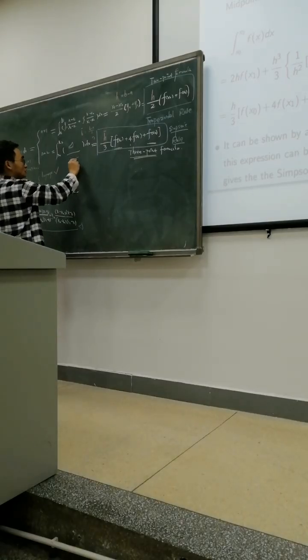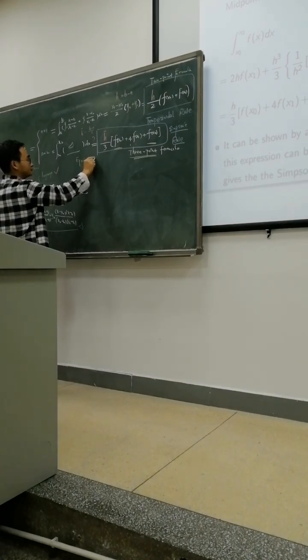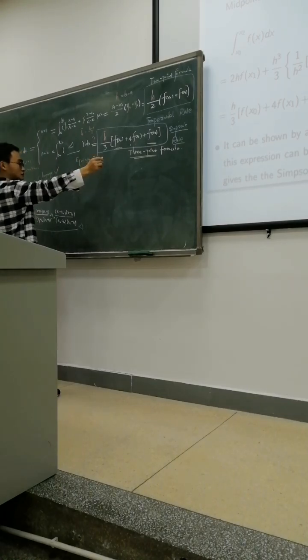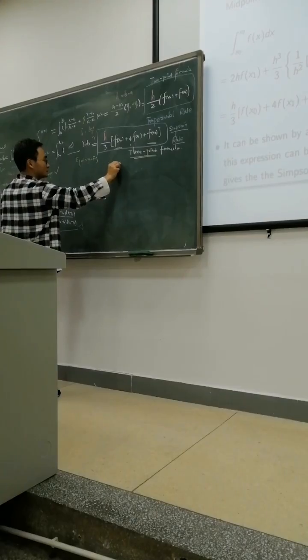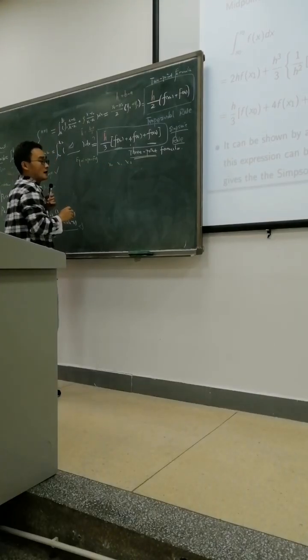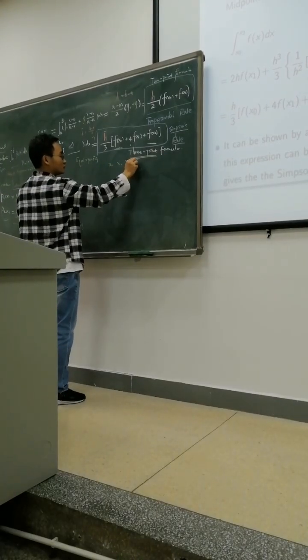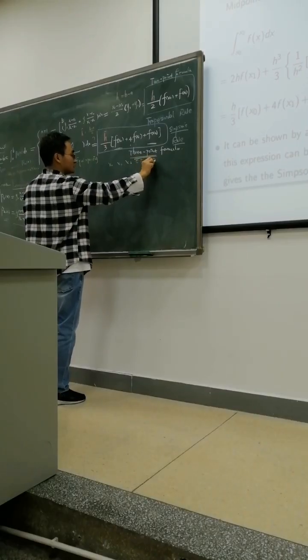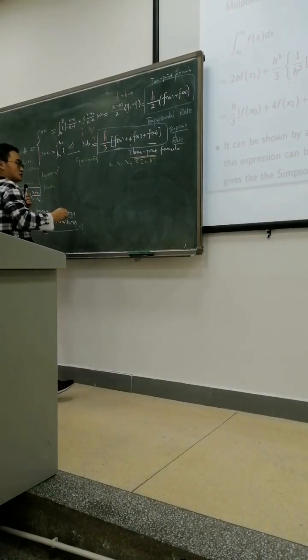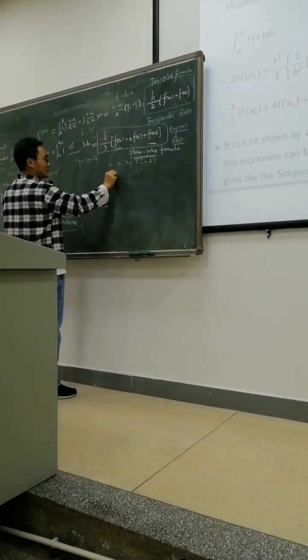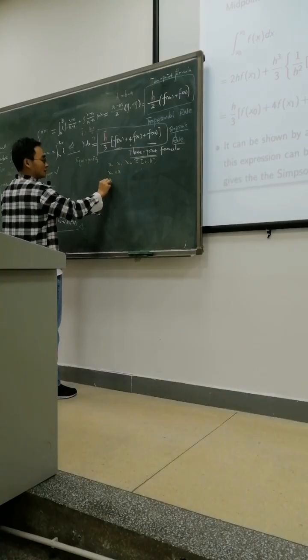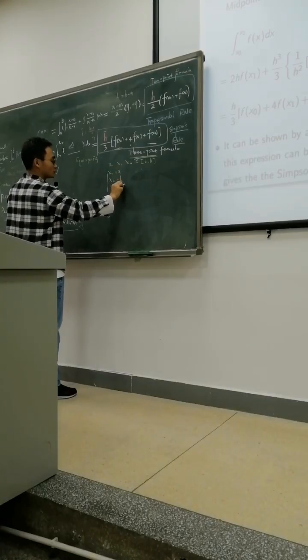This condition is equi-spacing. That is, we have 3 points, x0, x1, and x2, and all of these belong to this interval AB. And we ask x0 equals A, x2 equals B, and x1 equals (A plus B) over 2.